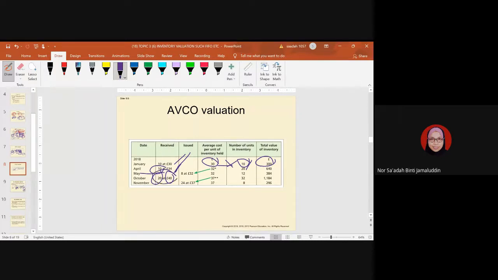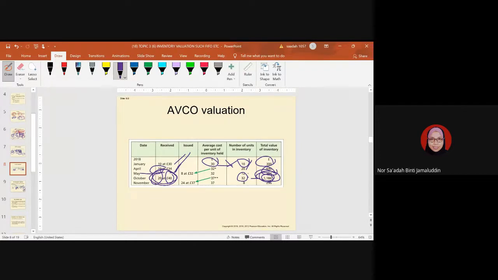Here is 800, but our previous balance is 384. So plus by 384, we will get the 1184. Okay, 1184, we must divide by 32. Okay. How we get 32?